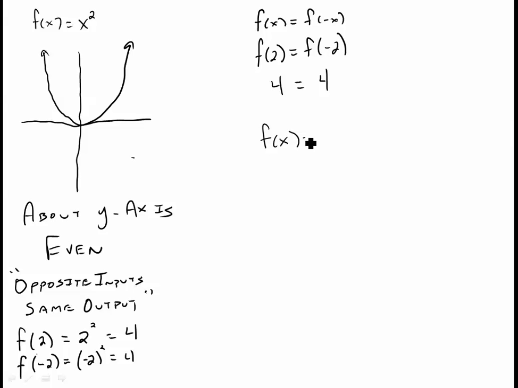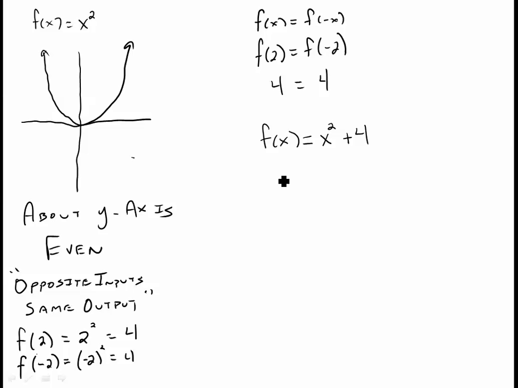f of x equals x squared plus 4. If I wanted to show that this function is even, I would need to show that for any value I could choose for x, I'm always going to get the same output for both an input 2 and its opposite, negative 2.